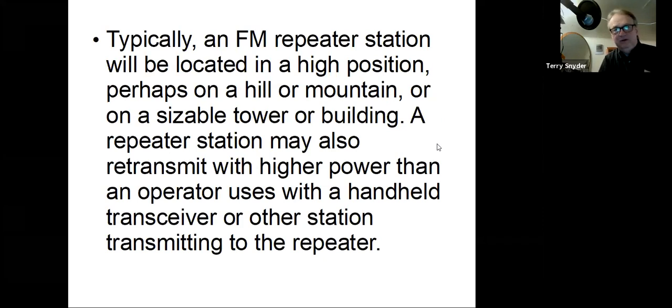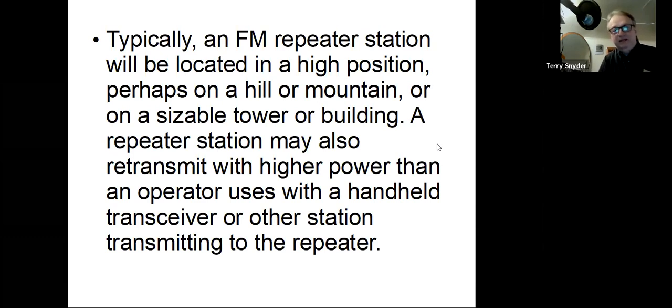Typically, an FM repeater station will be located on a high position, maybe a hill or a mountain or a sizable tower on a building or a tall building. And a repeater station will also transmit with a much higher power than the operator uses on his little Baofeng, or whatever handheld radio you're using at the time.